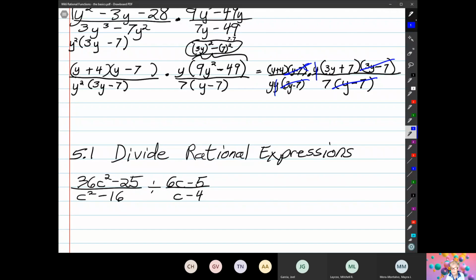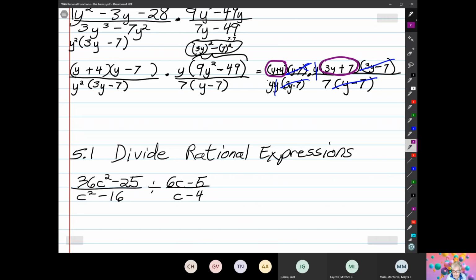Now I'm looking to see if there's anything else I can cancel. And then I think I'm going to actually use red ink. Ooh, how about this? This is pretty. And I'm going to circle everything I've got left. I've got a y plus 4 and a 3y plus 7 on top.